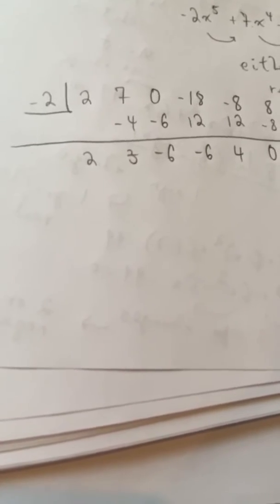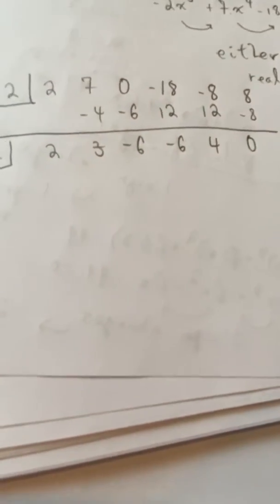Now remember, we were thinking that not only was -2 a root, it was maybe a root of multiplicity 2. So that means that -2 is also going to be a root of whatever we have left behind here, okay? So we can just keep this synthetic substitution train going.